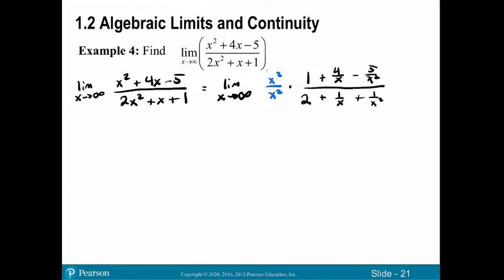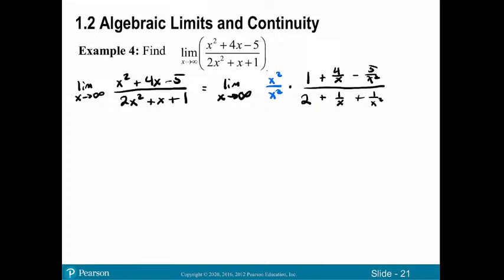You can check by multiplying back. If we distribute this x squared, that times that gives us our x squared, this times this gives us our 4x and our negative 5, x squared times that gives us 2x squared, our x, and our 1. If we multiply back, we get back to the original.